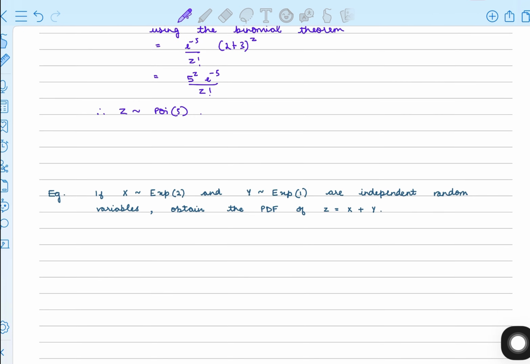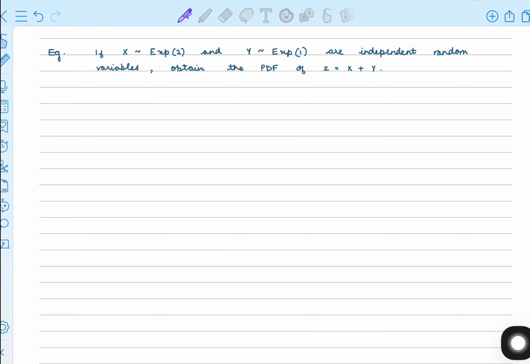Let's look at our next example. The random variable x follows an exponential distribution with the parameter 2. And the random variable y follows the exponential distribution with the parameter 1, such that they are both independent random variables. Then we are required to obtain the PDF of z, which is equal to x plus y.